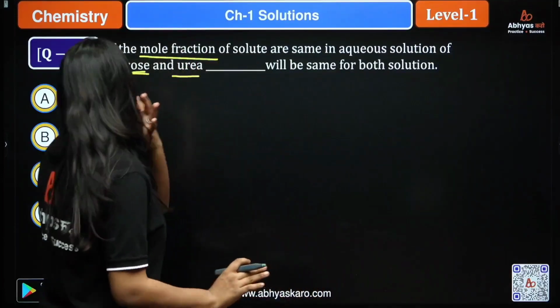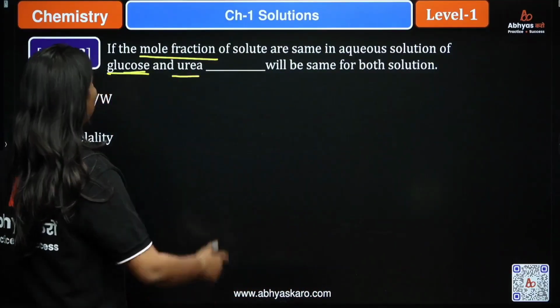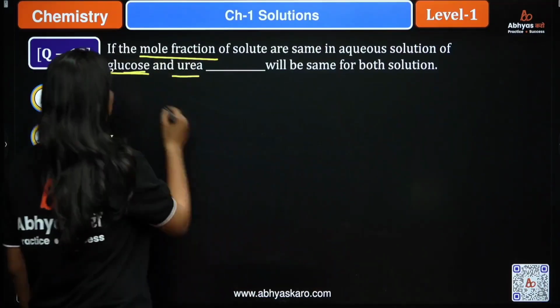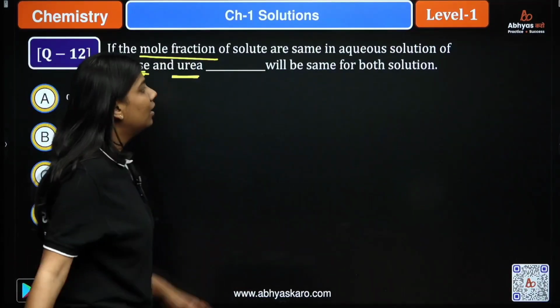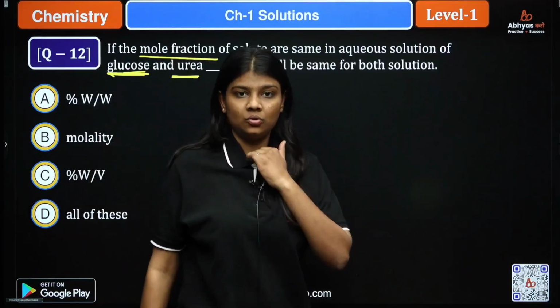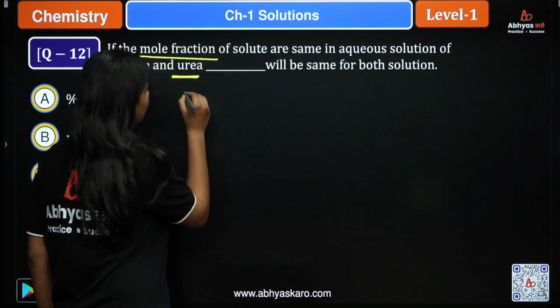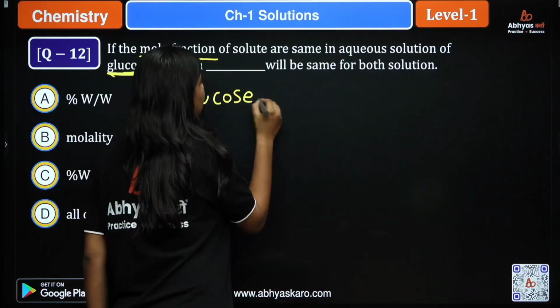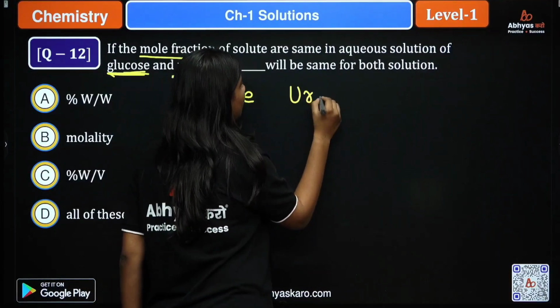So let's see another question, question number 12. If the mole fraction of solute is the same in aqueous solutions of glucose and urea, dash will be the same for both solutions. Here we have two solutions: one is a solution of glucose, another is a solution of urea.